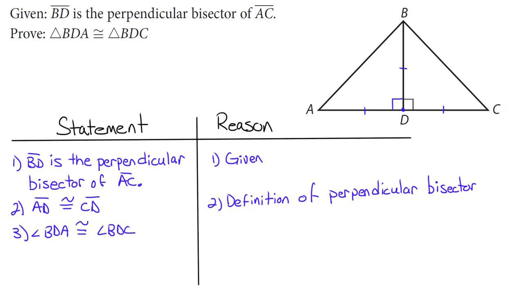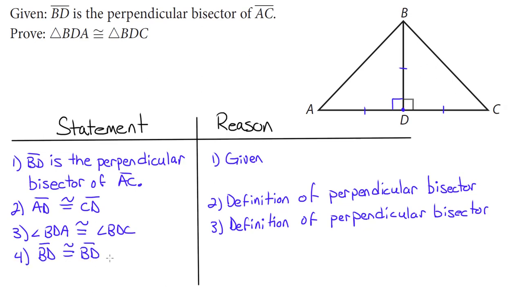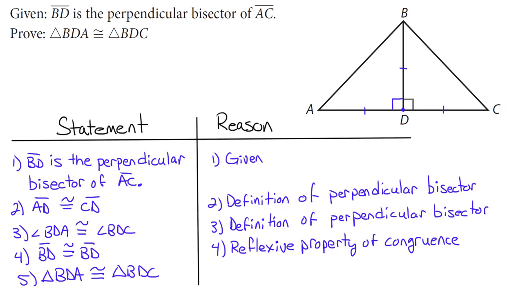The second thing that tells us is that angle BDA is congruent to angle BDC, and that's also definition of perpendicular bisector. Finally, we know that side BD is congruent to itself, and that's the reflexive property of congruence. So now we can conclude that triangle BDA is congruent to triangle BDC thanks to the SAS triangle congruence theorem.